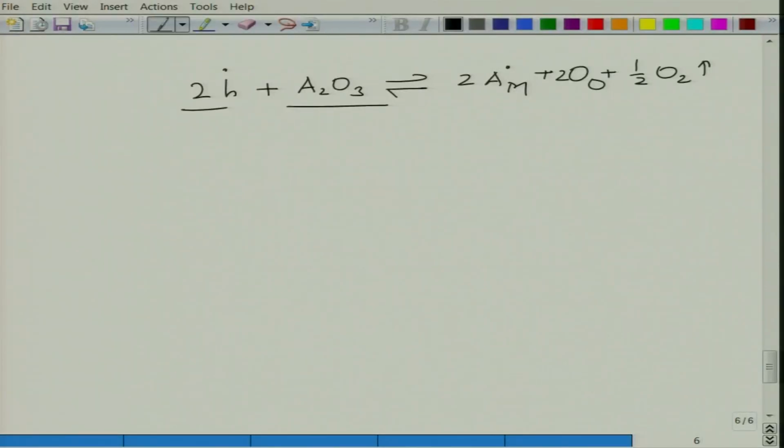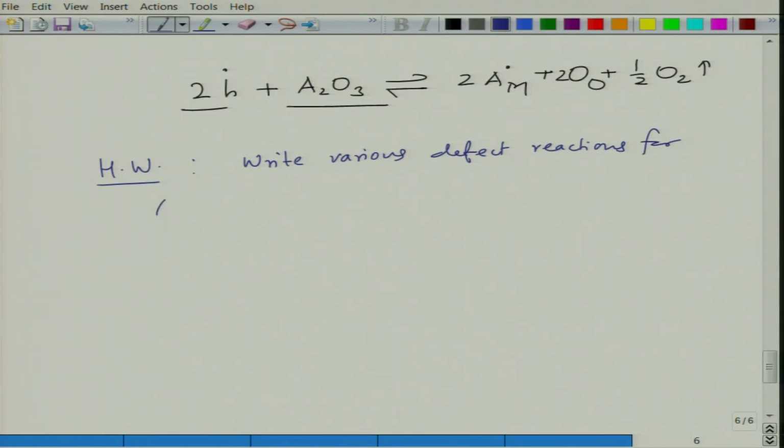So, what I would like you to do as a homework is to write various defect reactions for dissolution of A2O in BO. Okay.